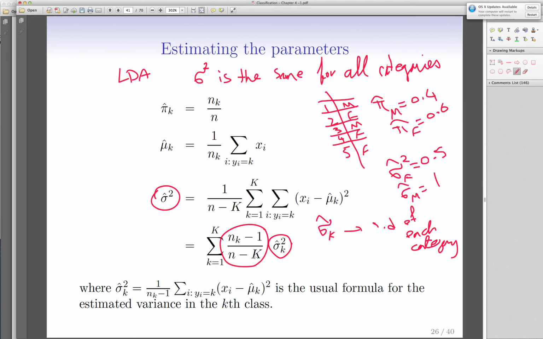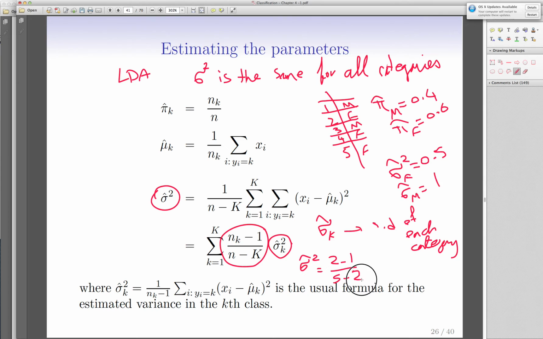So here, what it says is that sigma hat squared would be equal to n_k, the number of people who are male. So that is 2 minus 1, divided by the total number of people, which is 5, minus K, the number of categories. How many categories do we have? We only have 2 categories, female and male.